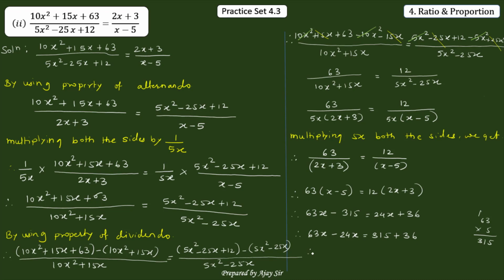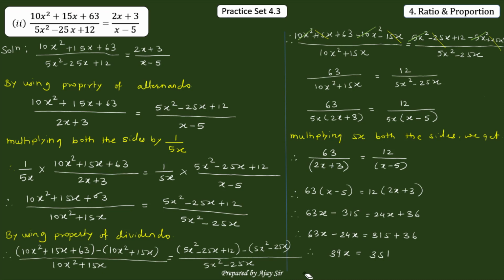So here, subtracting 63 minus 24, that is 39, 39 into x. Now 315 plus 36: 5 plus 6 is 11, 1 plus 3 plus 1 is 5, and 3 only, so 351.